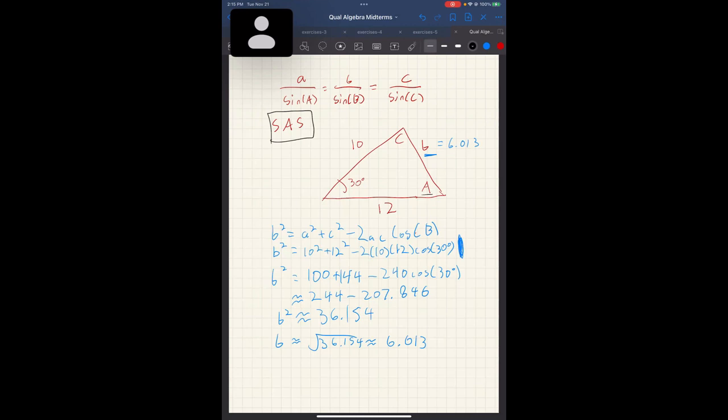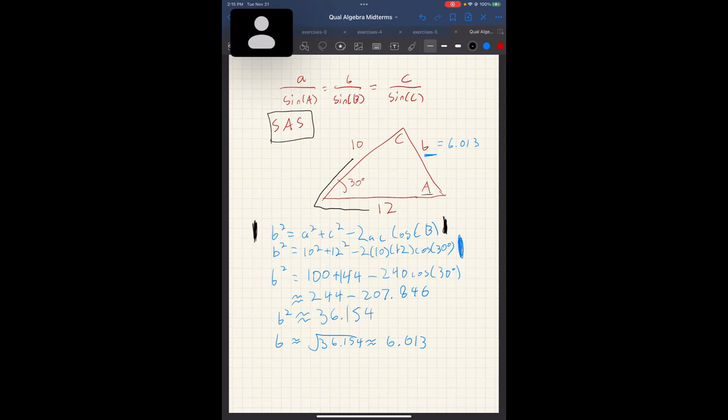So we can take a second and digest this work and make sure that everything we did was correct. So the law of cosines says that b squared is equal to a squared plus c squared minus 2ac times cosine of b. Why did I want to use that? Well, because I have side, angle, side. I have side A, angle B, and side C, which is exactly everything I need to figure out what b squared, aka b, is supposed to be.